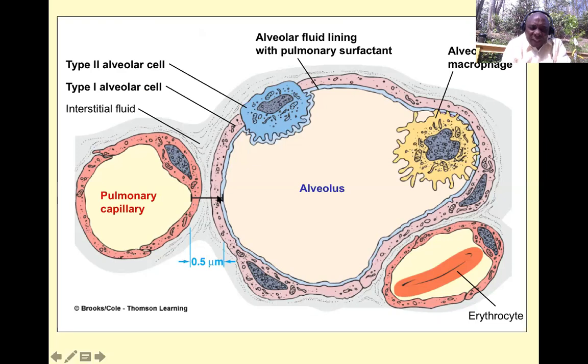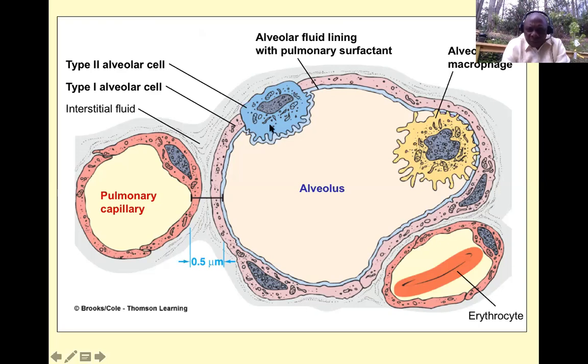If you change this distance, then you compromise the diffusion rate, and that can become very deadly. A disease like pneumonia can change this thickness and therefore become extremely dangerous to the patient, because then the diffusion of oxygen is compromised.